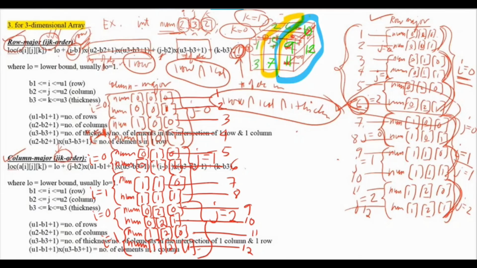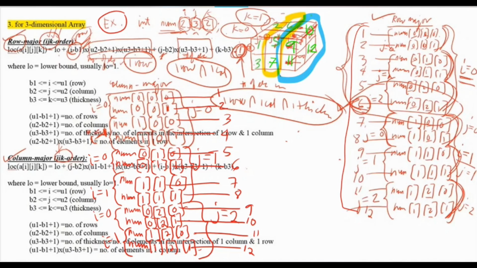Notice that the order of the elements for this 3D array, for some machines that use row major order, it is this one, 1, 2, up to 12. For some machines or computers that use the column major memory architecture, it is this order.